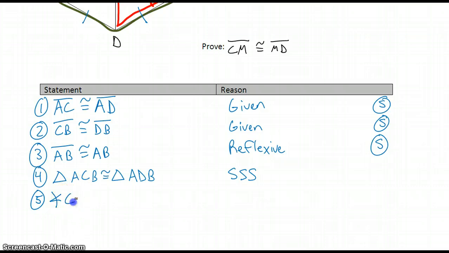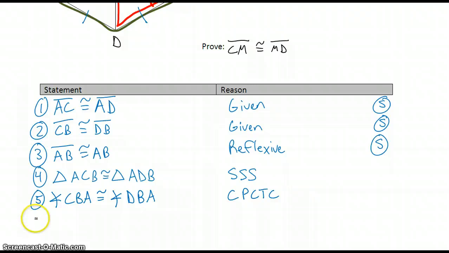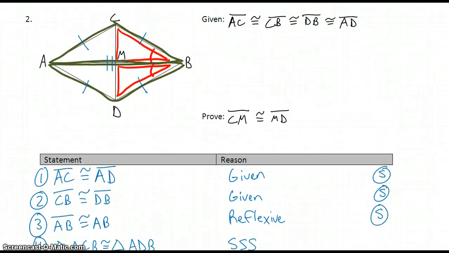Angle CBA will be congruent to angle DBA by CPCTC. Now if you look, these two angles will be congruent. These two sides are already congruent to each other. Now I need MB to be congruent to itself.